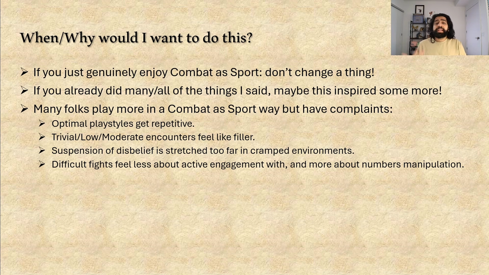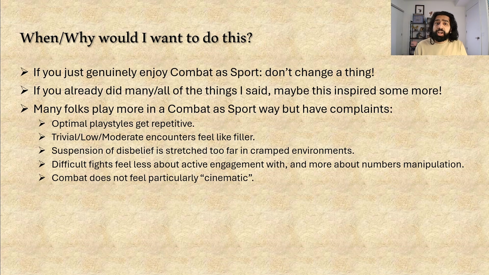So applying a combat as war mentality, specifically with using a larger number of foes, can really help with this problem, and using tactics and synergies on the side of the GM can really help make fights feel more active. If the players are not engaging in certain tactics, but the GM side is, the players are now going to be forced to do so as well.